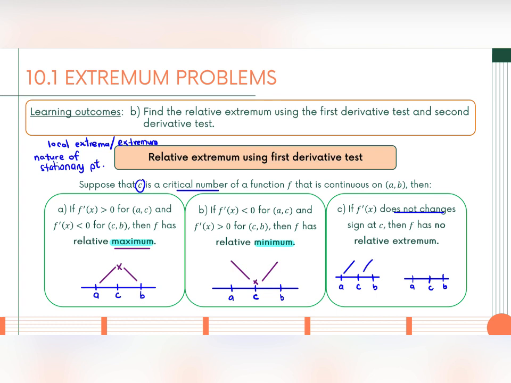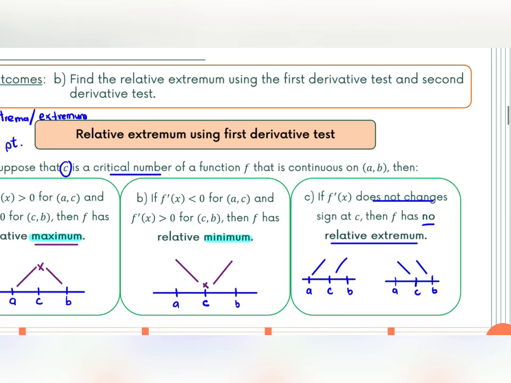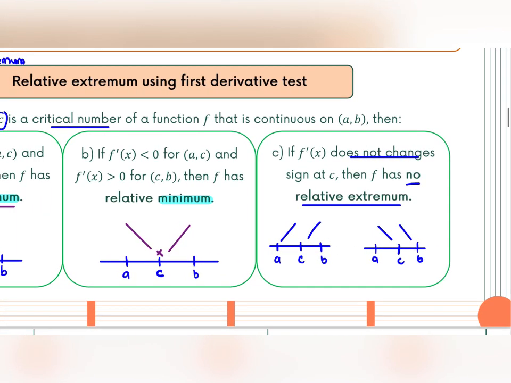Kan? Ataupun kalau AC kita menurun, dekat CB pun kita menurun. So, bila benda ini berlaku, maksudnya F prime X does not change the signs. So, that means our F has no relative extremum. So, dia bukan maximum dan dia bukan minimum point. Okay. So, kalau dia bukan maximum dan dia bukan minimum, sebenarnya at this point, C itu merujuk kepada inflection point.